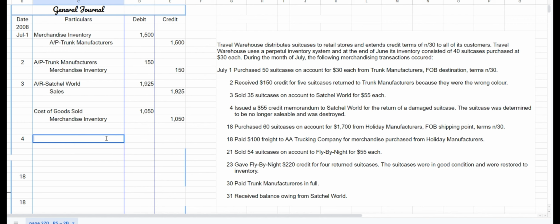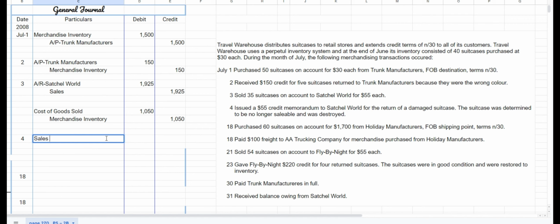July 4th, issued a $55 credit memorandum to Satchel World for the return of a damaged suitcase. The suitcase was determined to be no longer saleable and was destroyed. So the first part was that you issued a $55 credit memorandum, and this just means you made them pay $55 less.